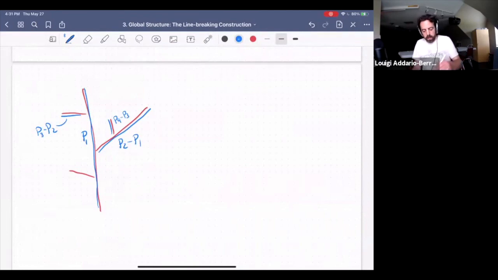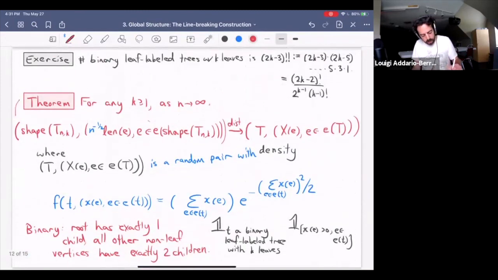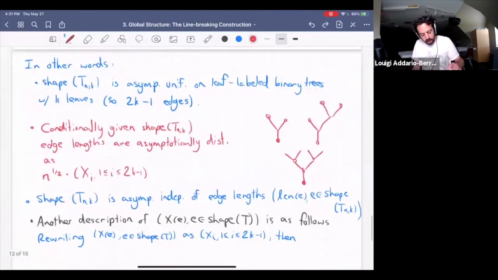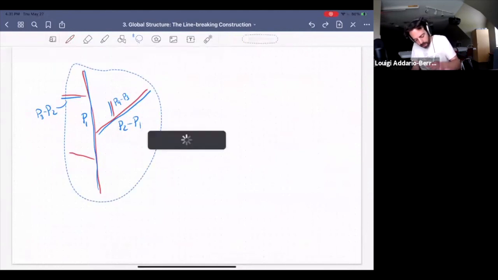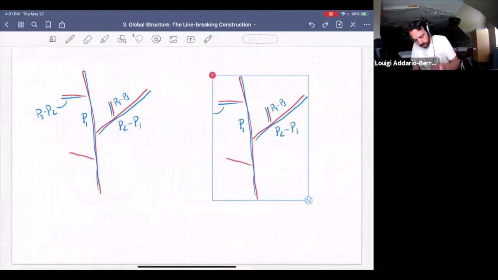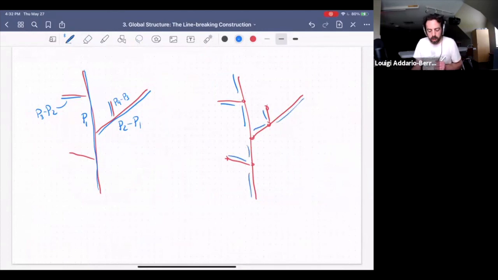But this next, more complicated theorem that's describing the whole shape is not talking about those branches in the same way, right? It's taking the tree and dividing the tree up at all of its branch points, and looking at all of these lengths, this length and this length and this length, and I'm just describing all their distributions.